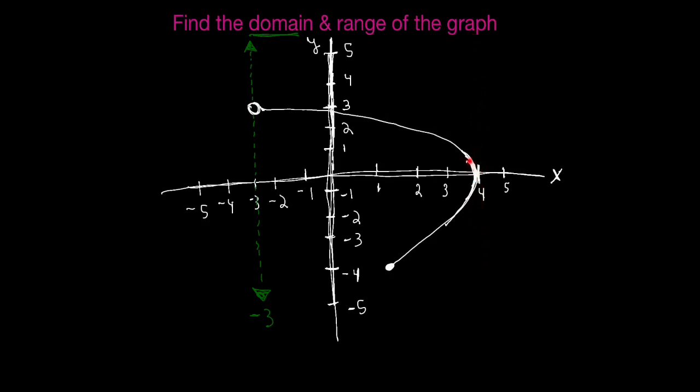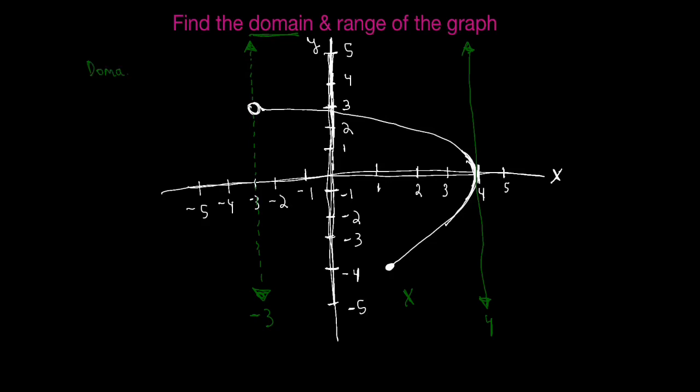Here we have a closed point, so we're going to cut through it with a solid line, and now we have 4 as our upper bound. So for any general x from left to right, it's going to get squeezed by a -3 and by this +4. So let's write the domain.